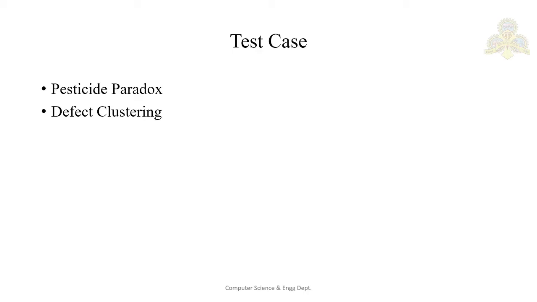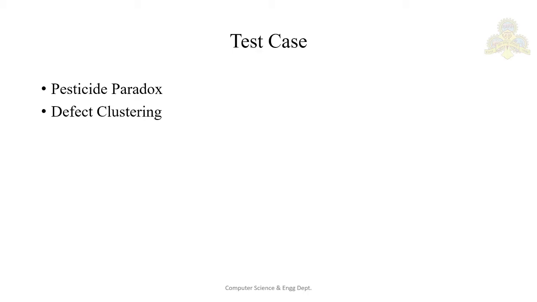It is something similar to using the same pesticide again and again on the same insects, right? Suppose there are some insects in your home and you use some pesticide on them, so one or two times they will be killed.